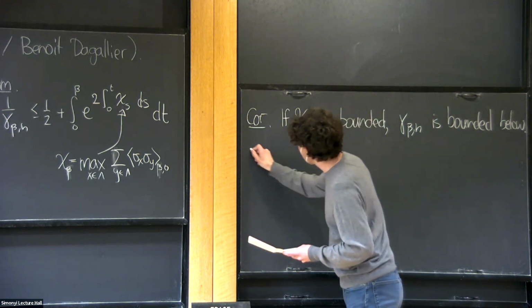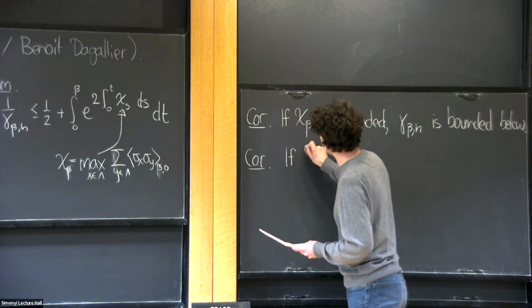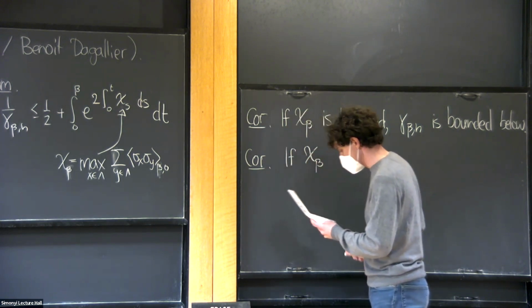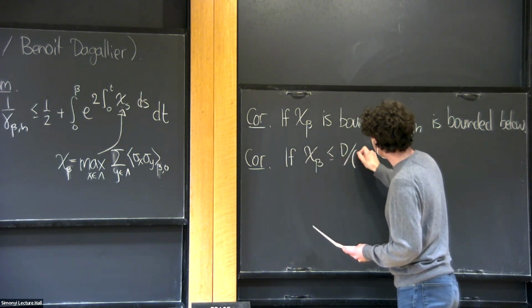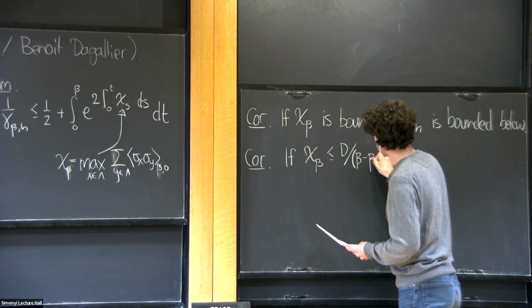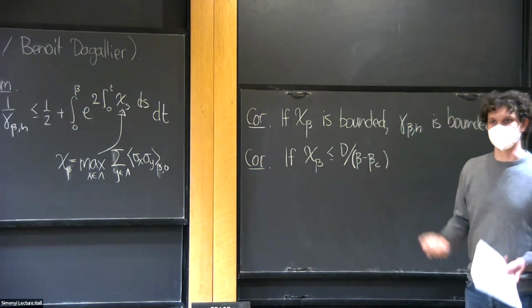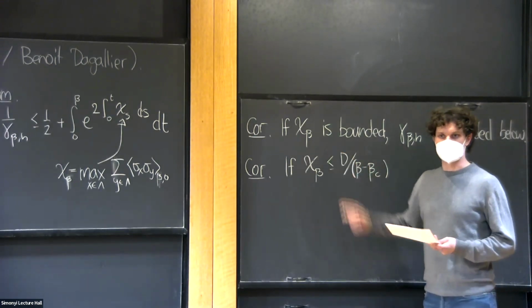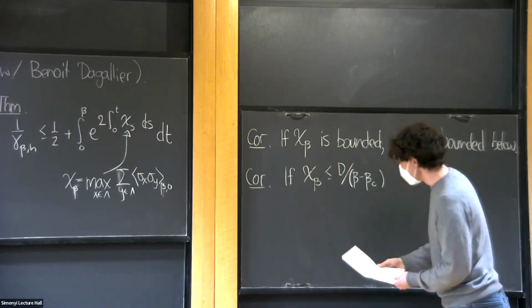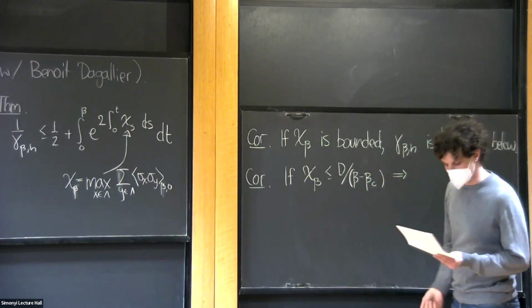What's perhaps more interesting is that if chi beta satisfies a reasonable bound, and by reasonable I mean looking at the mean field bound, which is true due to Aizenman's work in dimensions 5 and higher, with some constant d, which is at least 1 in fact, and equal to 1 for the Curie-Weiss model.